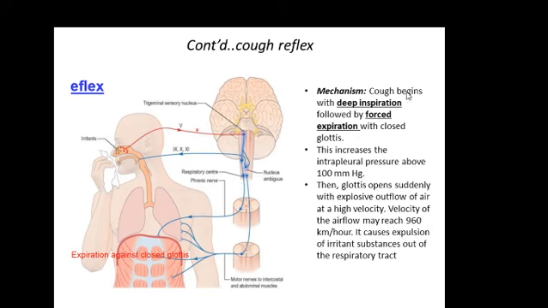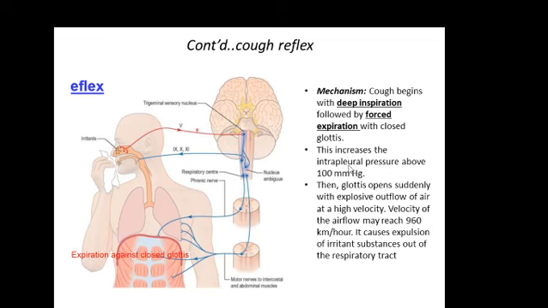So the cough begins with deep inspiration, followed by a forced expiration with a closed glottis. This increases the intrapleural pressure above 100 millimeters of mercury. You remember what the intrapleural pressure is, eh?